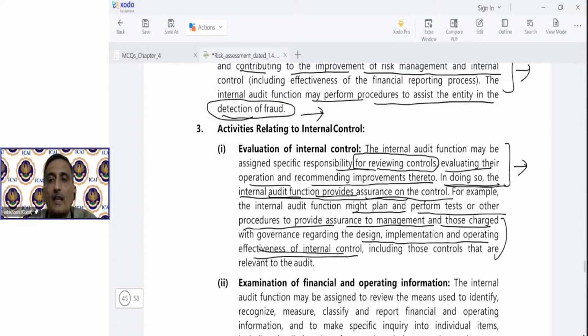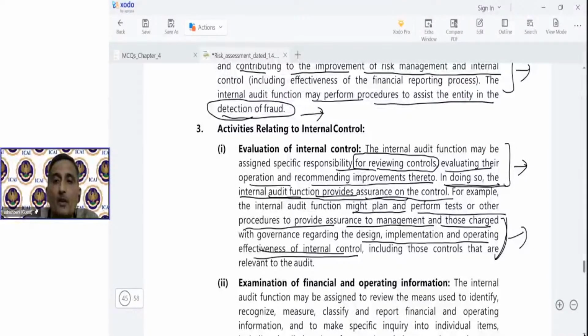So again, same thing, he can provide assurance to the management. Here, look, design of your IC is okay, these are being implemented as you had planned. And number 3, these are operating effectively throughout the period under review. Okay.